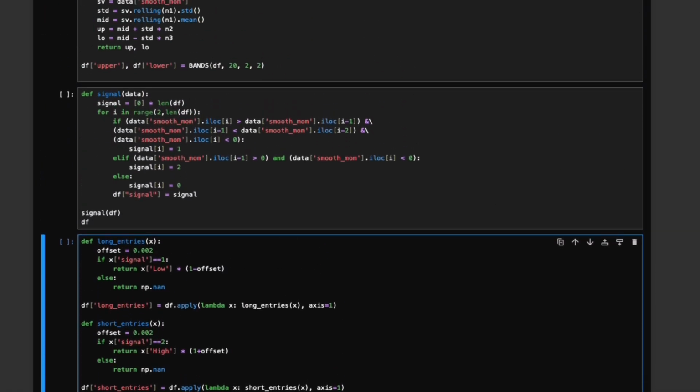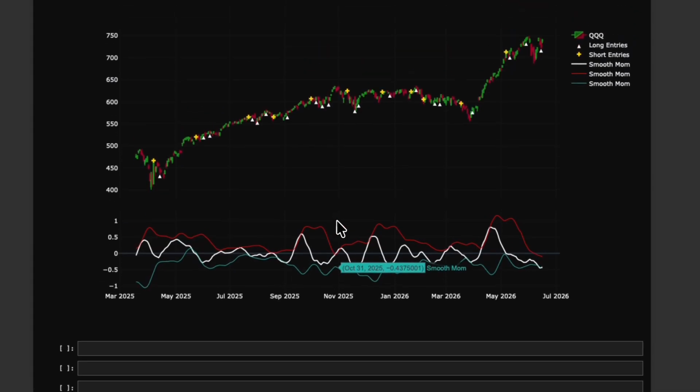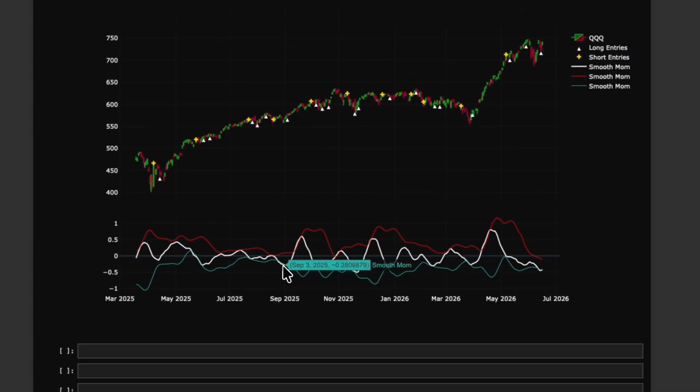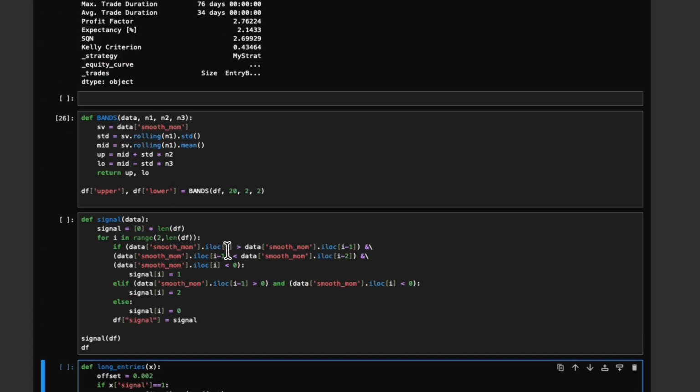So what we're looking for then is periods of time where the smooth momentum line is below the lower band and then closes back above it. That's going to be our buy signal. Let's do that one first.